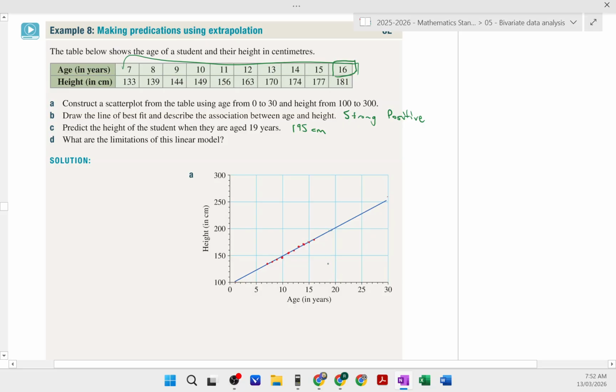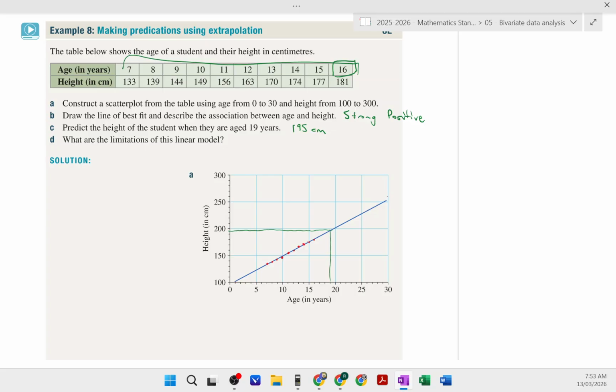But I'm going off what my line is doing, which will get me probably about the 195-ish mark. Okay. So that is obviously a bit more of an approximation than it would be, but that's what we got.